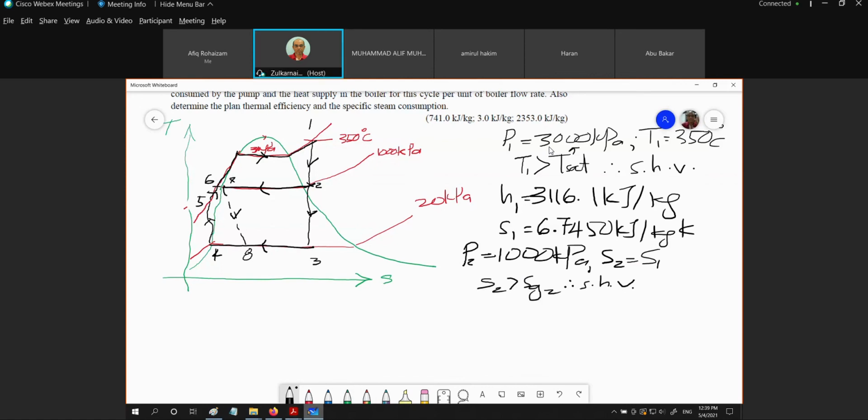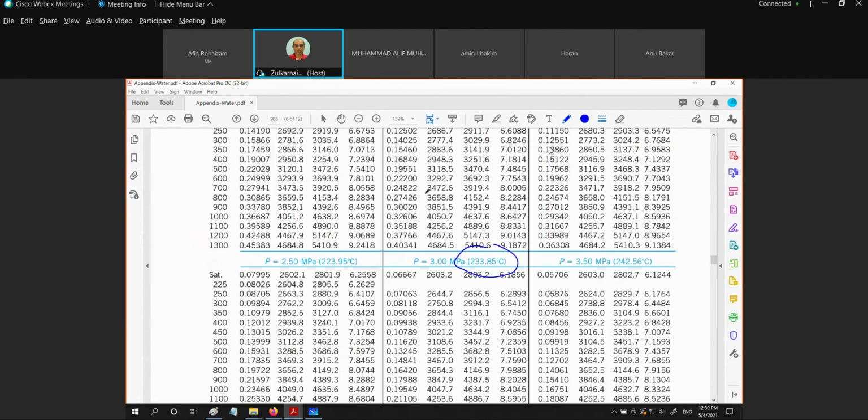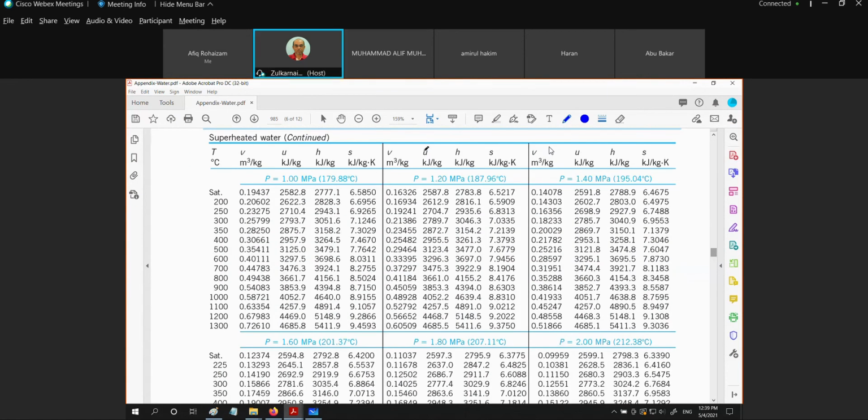So this is our value of 6.7450. If we look at 1 megapascal, this is 1 megapascal, and our entropy is 6.74. This and this will correspond to the enthalpy here. So you have to interpolate.